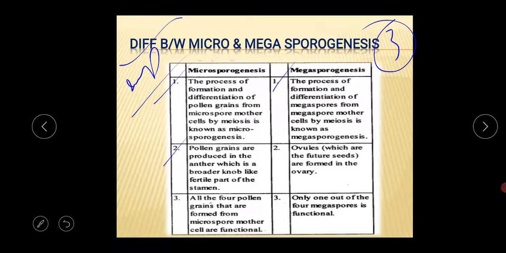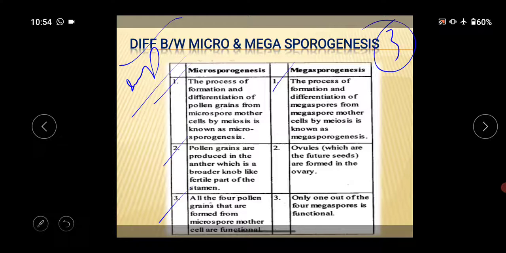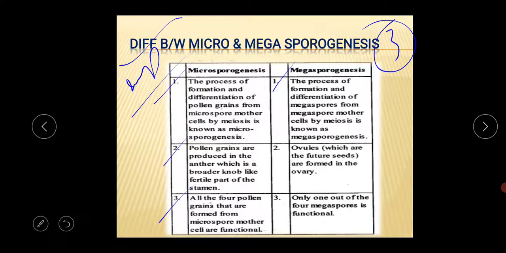Next, pollen grains are produced in the anther, which is a broader knob-like fertile part of the stamen, and the ovules are formed in the ovary region. And the last point: all the 4 pollen grains formed from the microspore mother cell are functional in nature. So from microsporogenesis we are getting 4 microspore cells, and all 4 are functional.